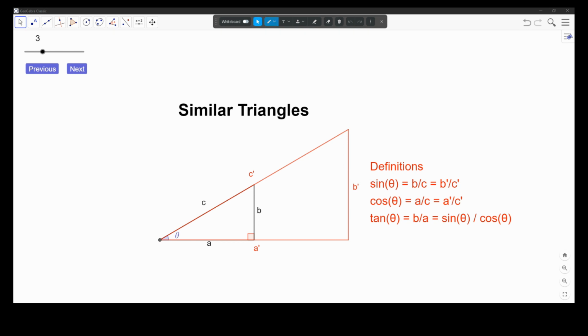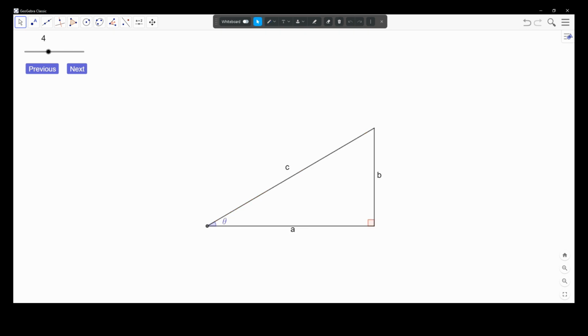Okay, this allows us to restrict the discussion to one particular triangle, and customarily and most conveniently, we set the length of the hypotenuse to one unit.